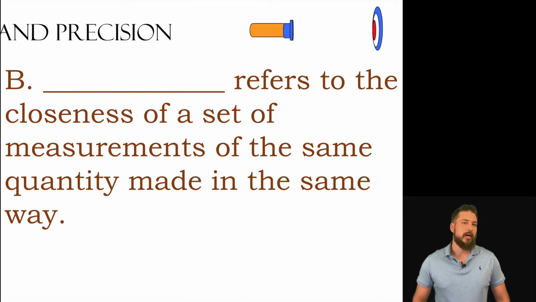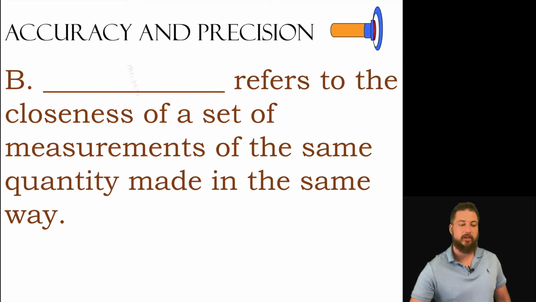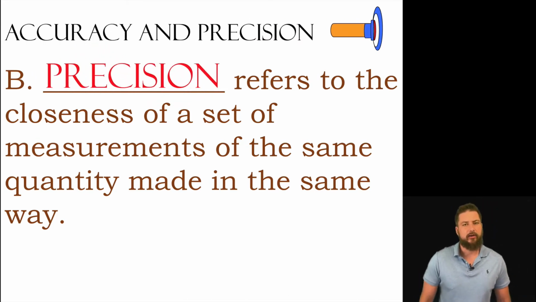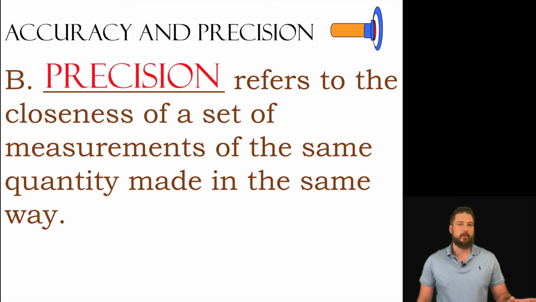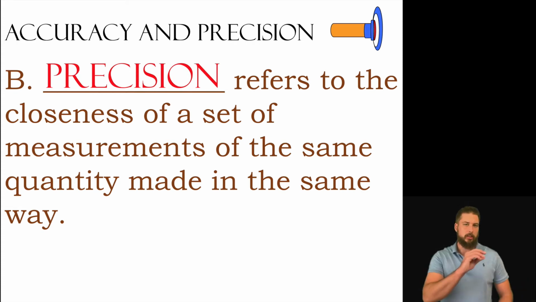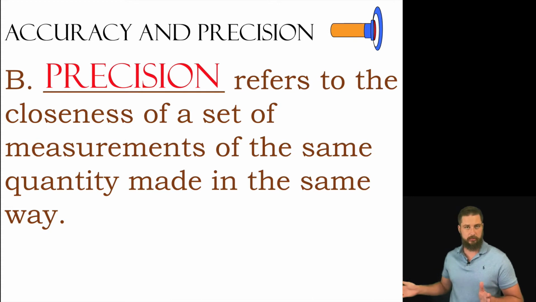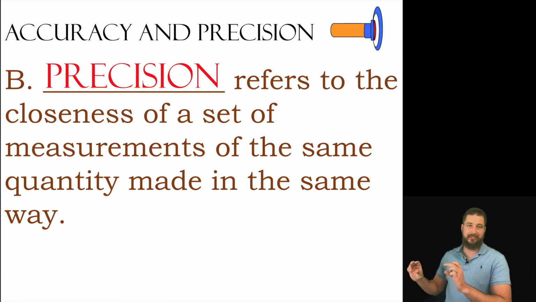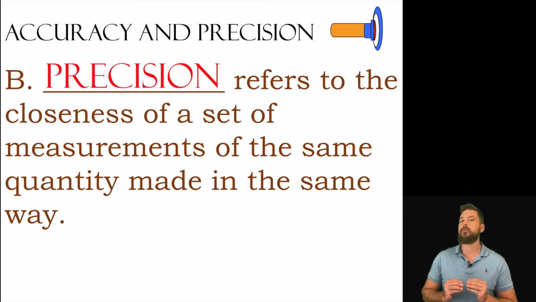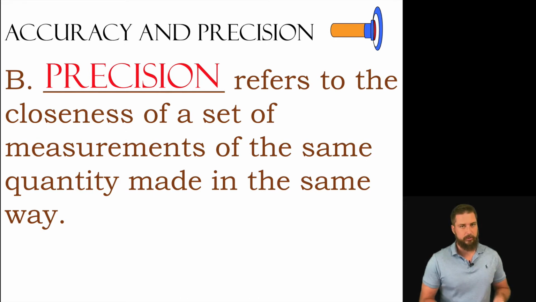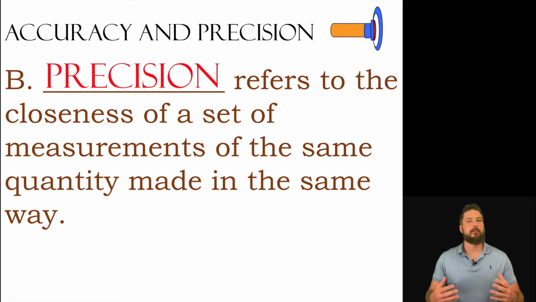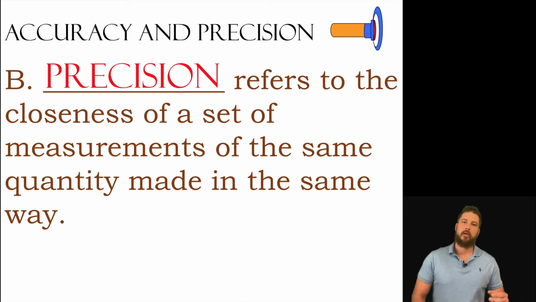We're going to take a look at an example of this in a moment, but essentially if you take a set of measurements, for example, let's say we take our 5 gram mass and we measure it multiple times, if all of the measurements say 6 grams, those measurements are precise because they're very close to each other. Now, even though it's not accurate because it's 5 grams, the fact that they all say 6 implies that it's precise.